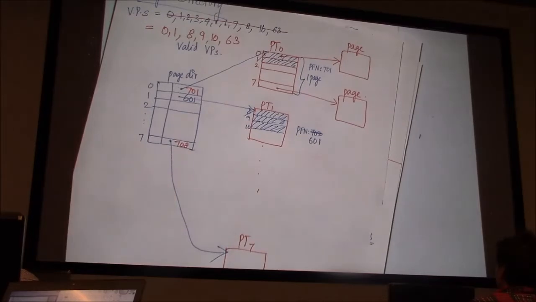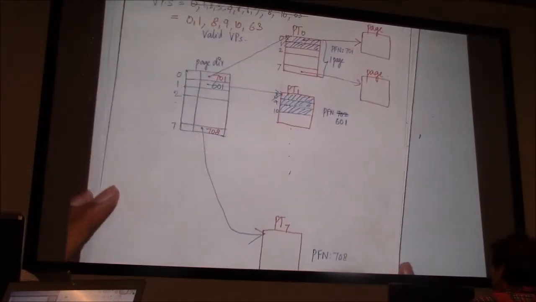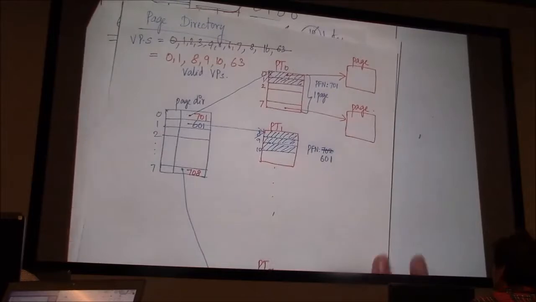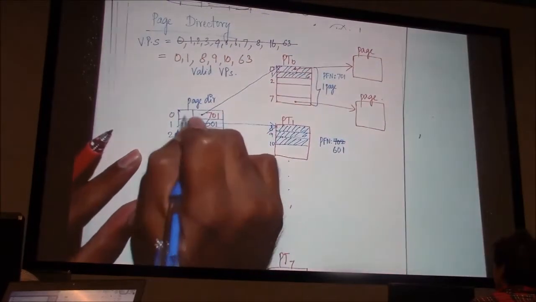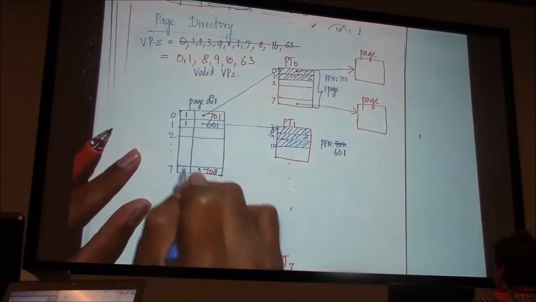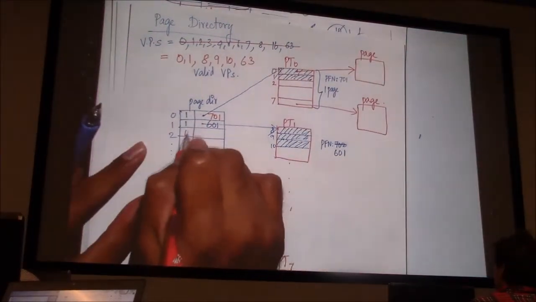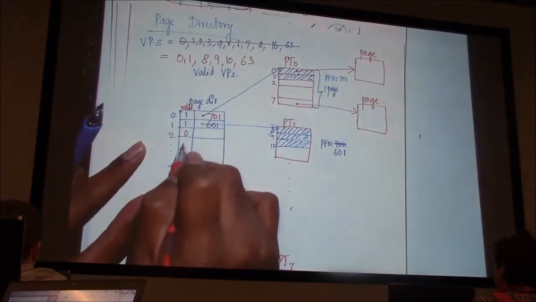Since these are the only virtual pages that are actually valid in the setup, this page directory at this time will only have valid entries for these 3 entries. And all the other entries are going to have their valid bit, this is the valid bit, to be 0.